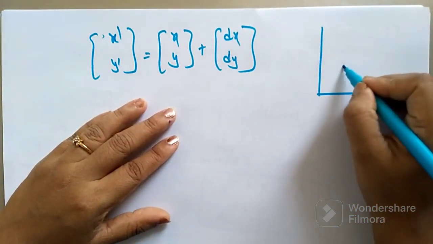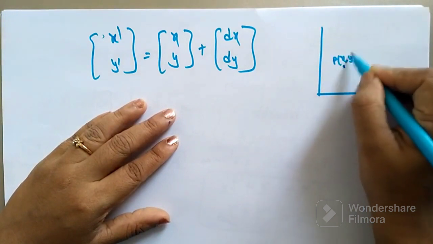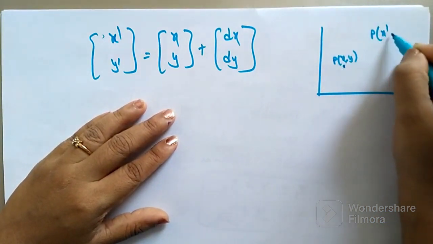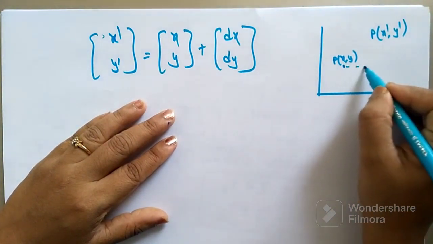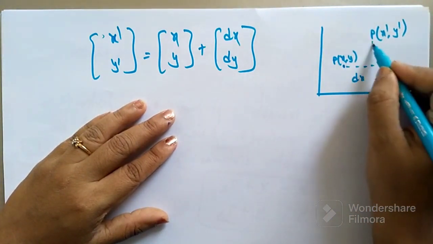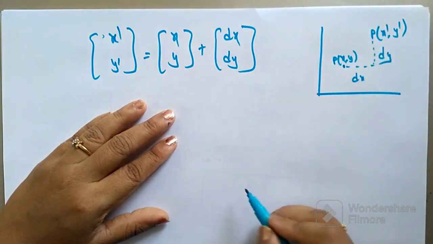So here this is a point P (x, y), and I want P dash, or x1, y1, and here this is dx, and the difference here is dy.